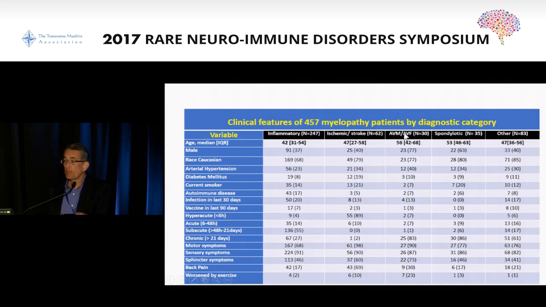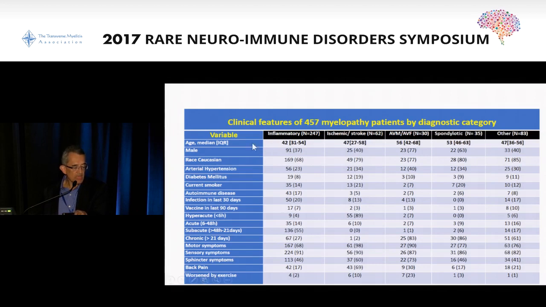There is another component of vascular myelopathy, 35 with spondylotic myelopathy, and the other 83 patients were diagnosed either with other conditions like vitamin B12 deficiency that mimic myelopathy, or even some infections like Lyme disease-associated myelopathy, another type of myelopathy that was very well defined in terms of etiology because we were able to identify etiological factors.